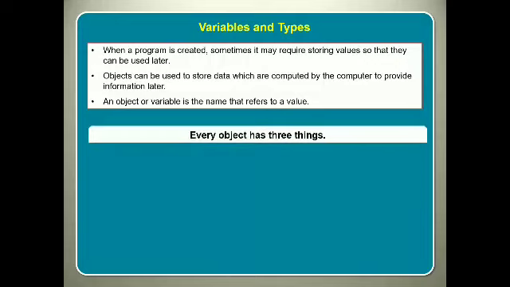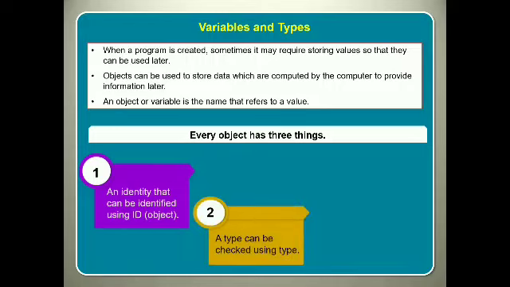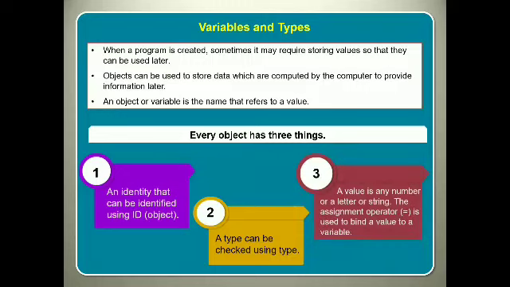Every object has three things: an identity that can be identified using id of the object, a type that can be checked using type, and a value, which is any number or a letter or string. The assignment operator is used to bind a value to a variable. Let us learn each of these in detail.